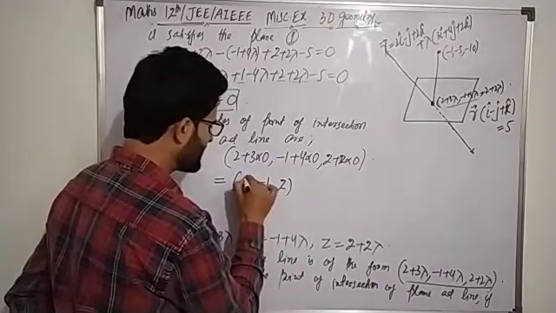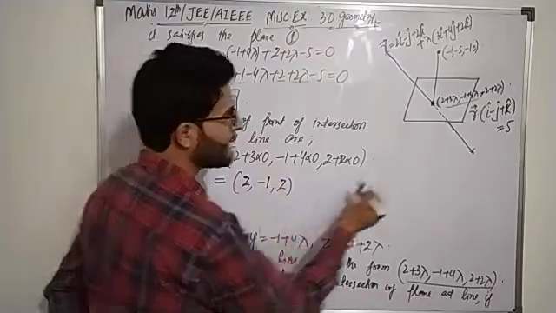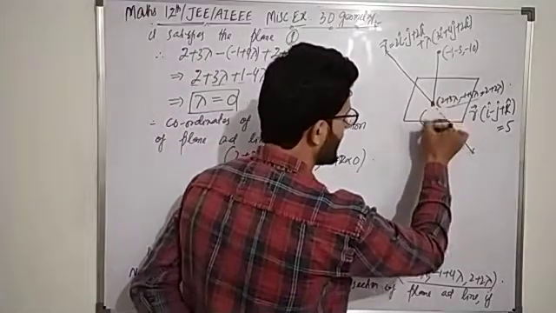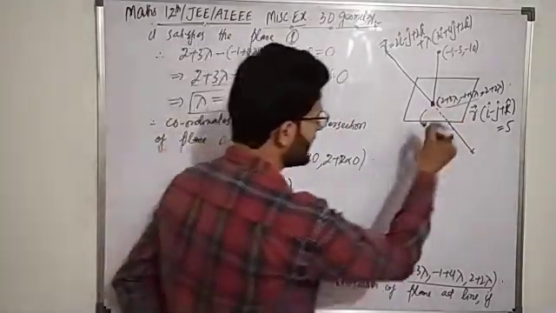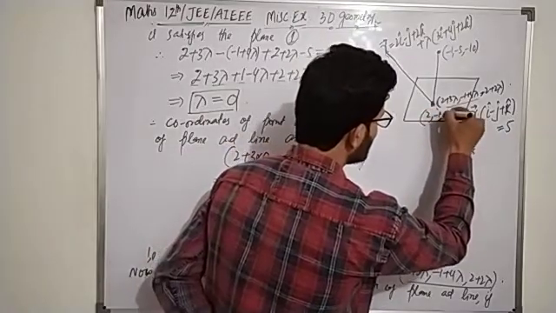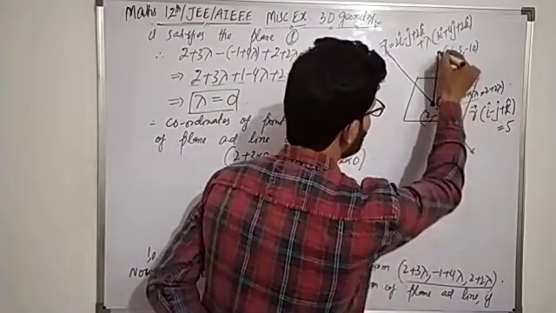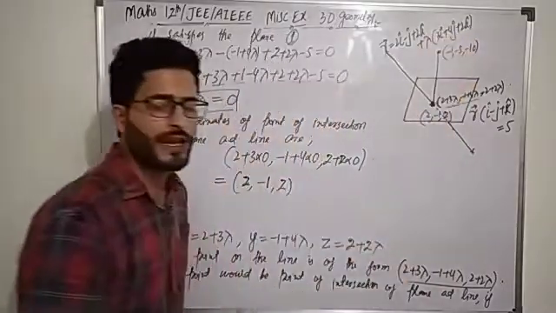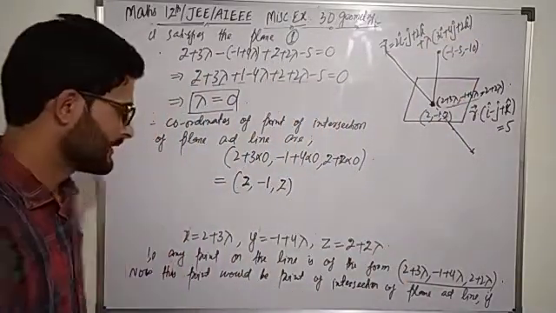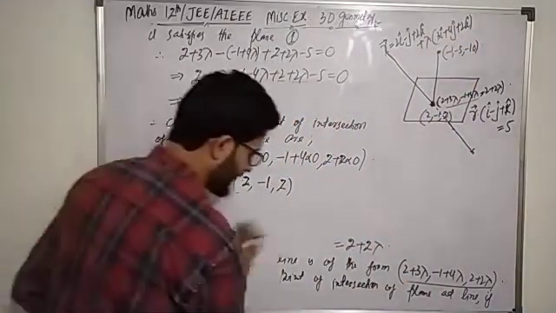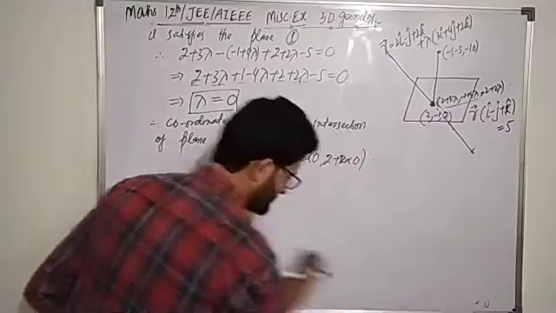So the point of intersection of line and plane, this point has the coordinates 2, minus 1, 2. Since we have the coordinates of both the points, now we can find the required distance.